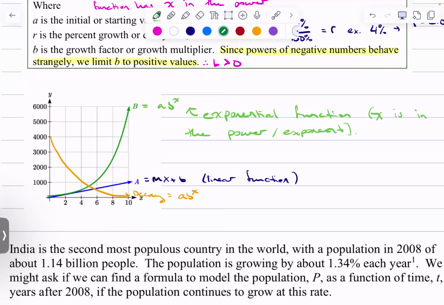Here we have a growth function, and here we have a decay function. Notice that they usually start at different starting points, or they can start at the same. But then the decay goes down until it's gone, whereas the growth just keeps going up towards infinity. Okay.